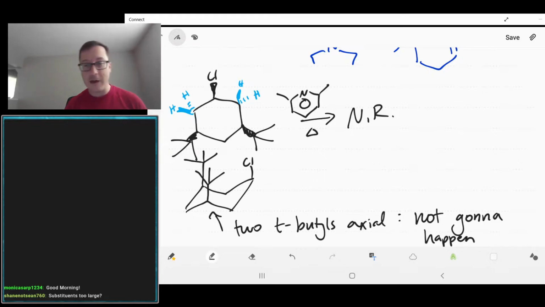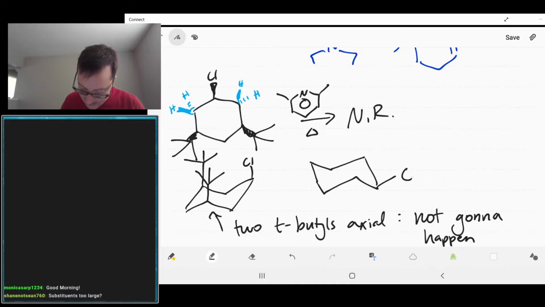So if you remember, we talked about kind of relationships. If we had cis 1,3, they would have to both be axial or both equatorial. Normally, this thing is going to hang out as equatorial. Not even normally, 100% of the time, this thing must be hanging out equatorially. So, in order to eliminate, though, it needs to be axial.